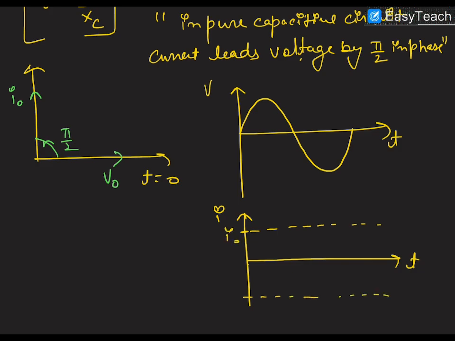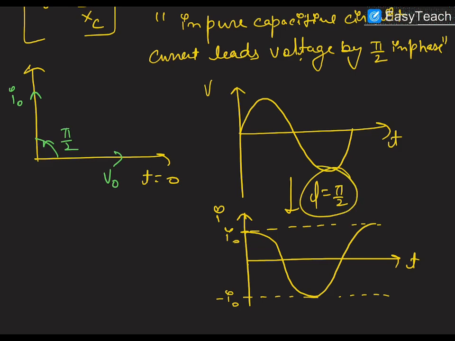This is I naught and this is minus I naught. So there is an obvious phase difference between voltage and current. Okay, current leads by pi by 2.